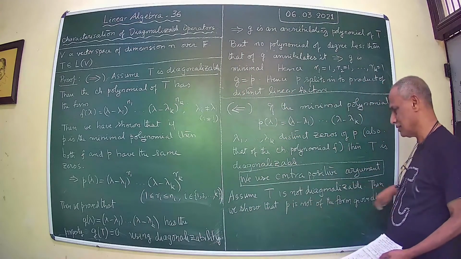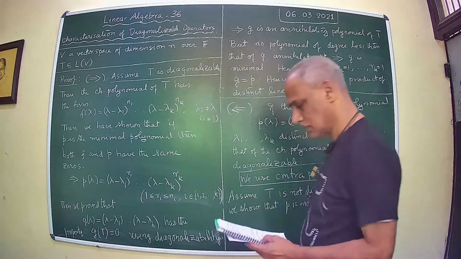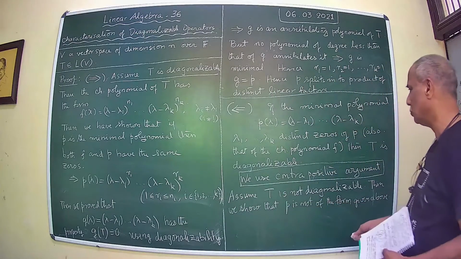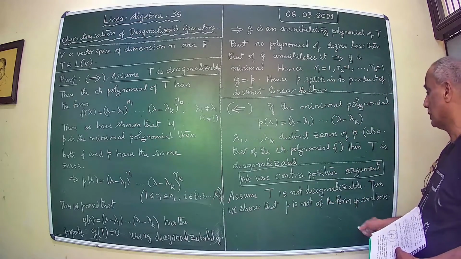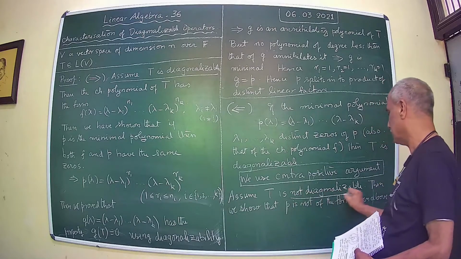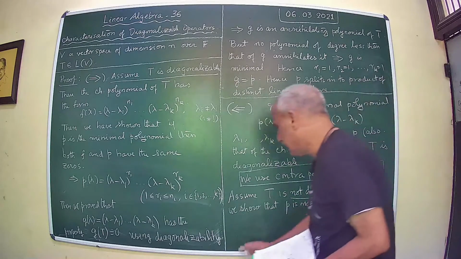Okay, so we will proceed with that. So let us see. So we have assumed P is not diagonalizable.